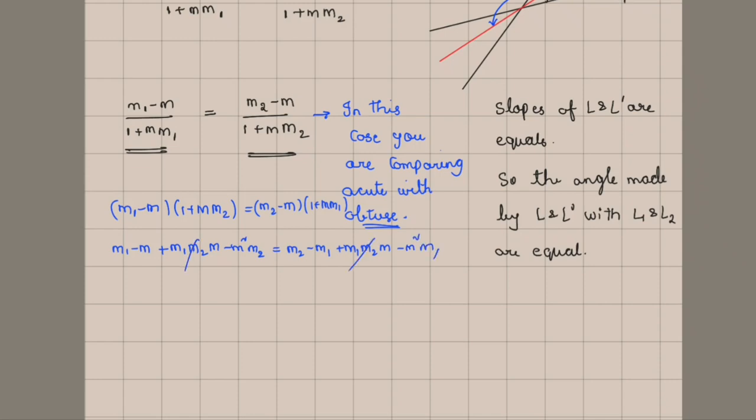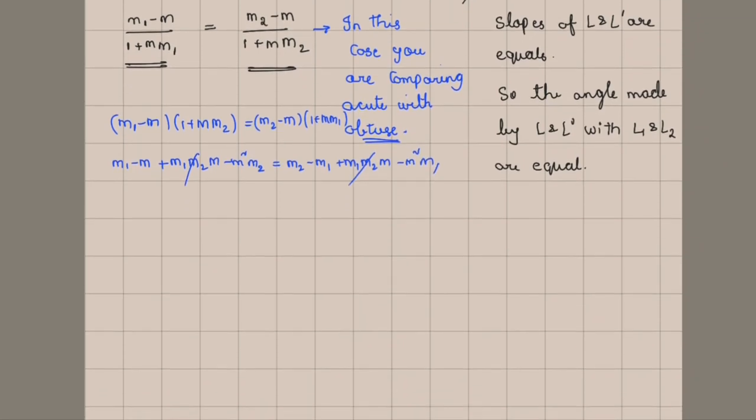These two get cancelled and you get m square into m1 plus m2 plus m1 plus m2, and this m and m get cancelled, equal to 0.